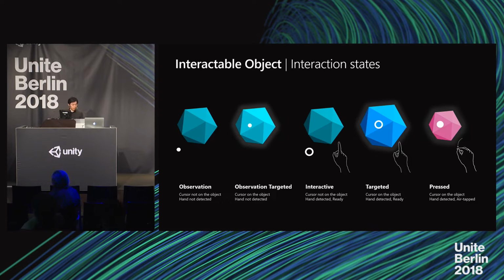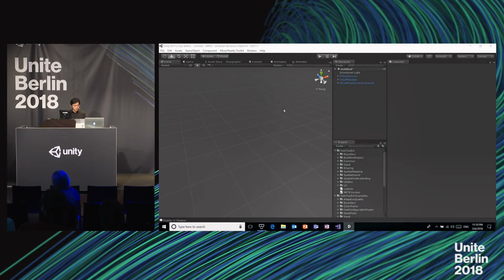And of course, for pressed, you can make the object a little bit smaller. You don't have to differentiate all the visual states, but I would recommend at least differentiating the observation idle state and the targeted and pressed states so that the user can easily understand this object is interactable. So let's take a look in action.